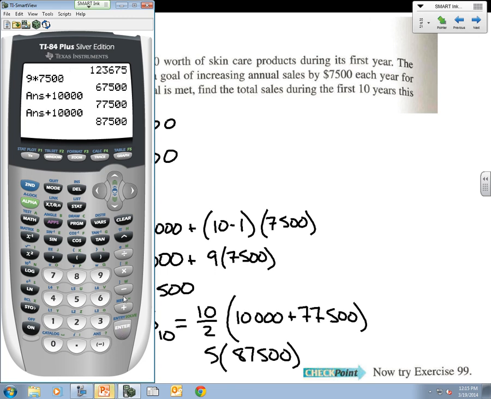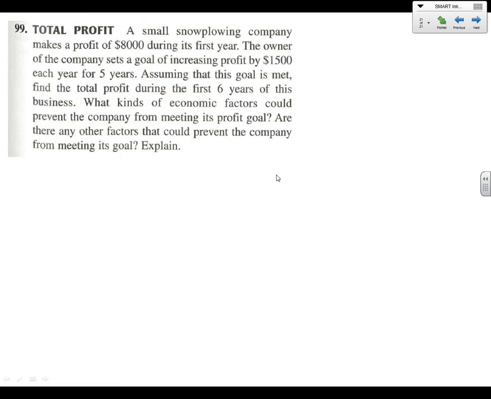There's our 87,500 times 5. And he would have made $437,500 during those 10 years combined. So not too bad for his skincare products. See if you can figure it out for the snow plowing company, how much money he's going to make. Figure that out, and that's it. And we're all done with 9-2.